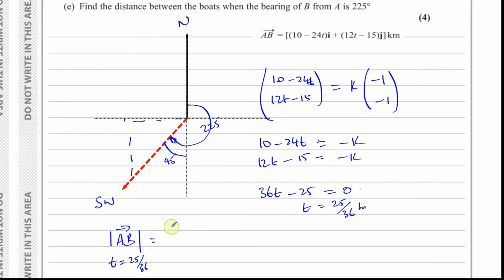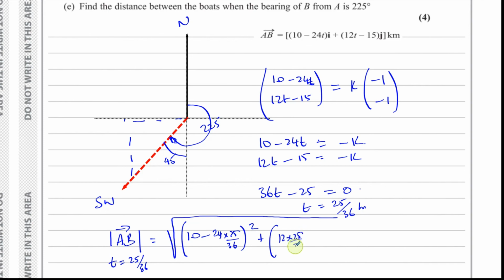So we have to put this in: the square root of 10 minus 24 times 25 over 36, that has to be squared, plus 12 times 25 over 36 minus 15 squared.